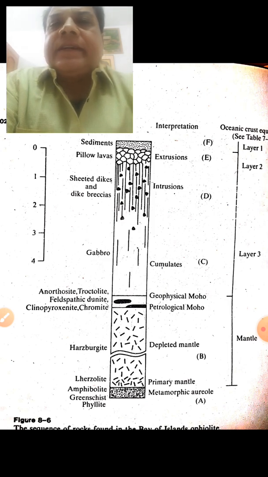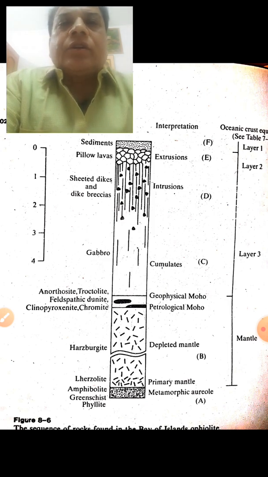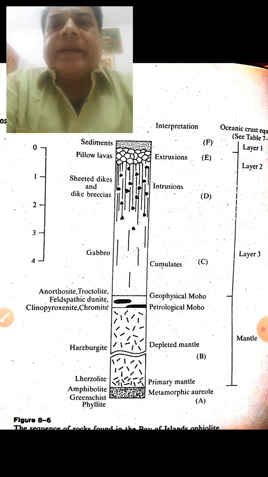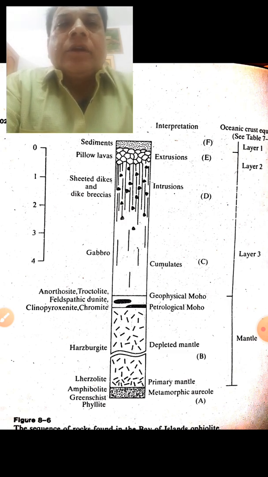Crystal settling resulted in cumulative layers rich in anorthite, dunite, troctolite or clinopyroxene. The general rock type is composed of calcic plagioclase, clinopyroxene and olivine with minor chromite, magnetite, and sulfides.